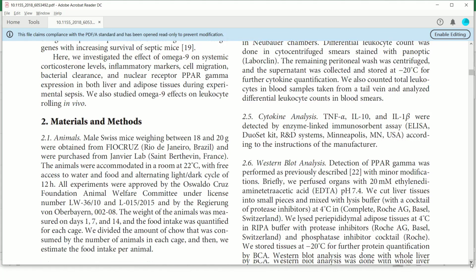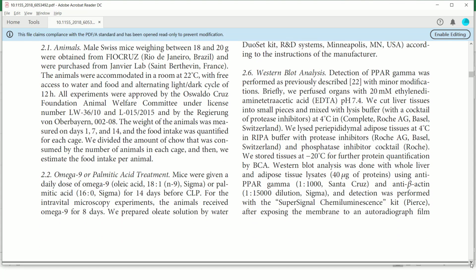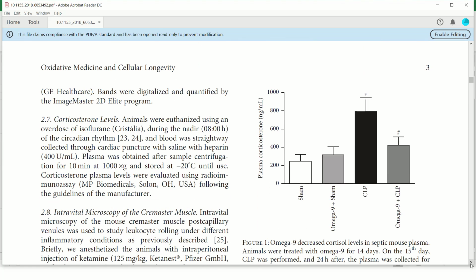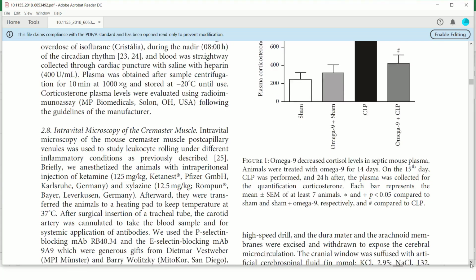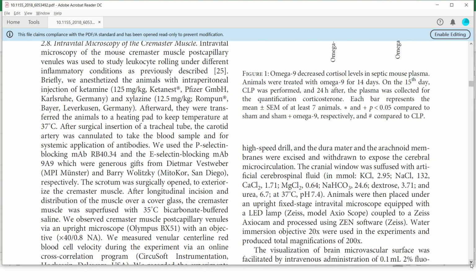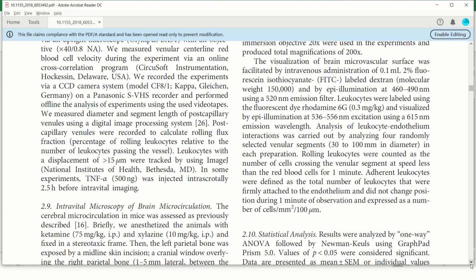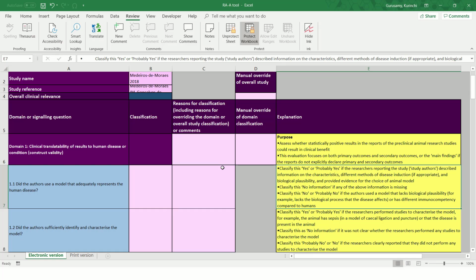Then they did some cytokine analysis, and some cortisol levels. They provide a lot of information on what they did, but nothing that justifies why they did it.